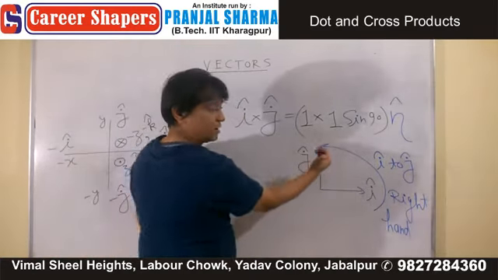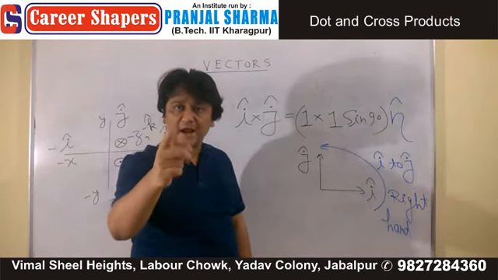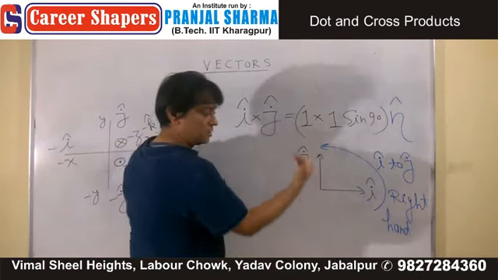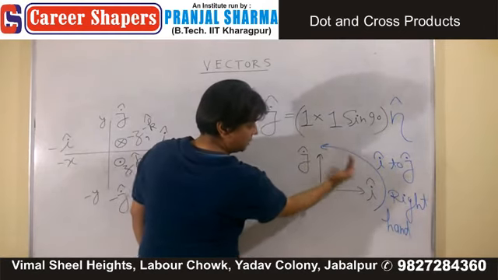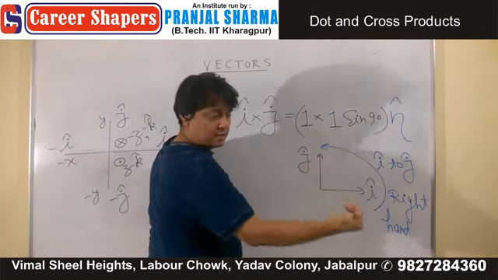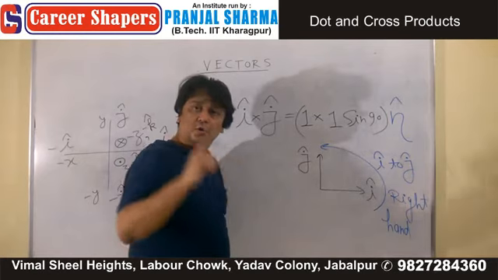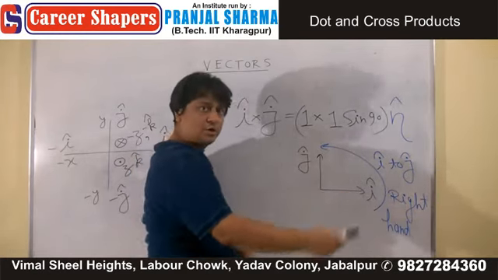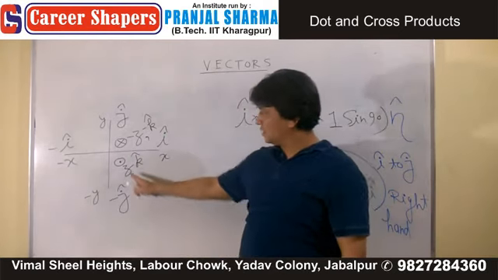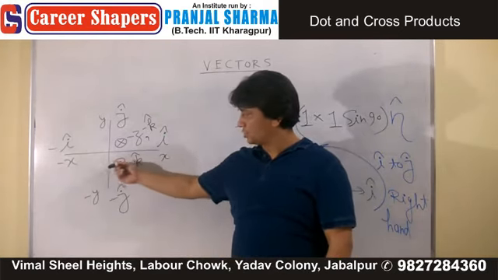I to j. Then, what is that which gives you the direction? Thumb. I to j. Thumb. It's coming out. Now, what is that unit vector which is coming out?